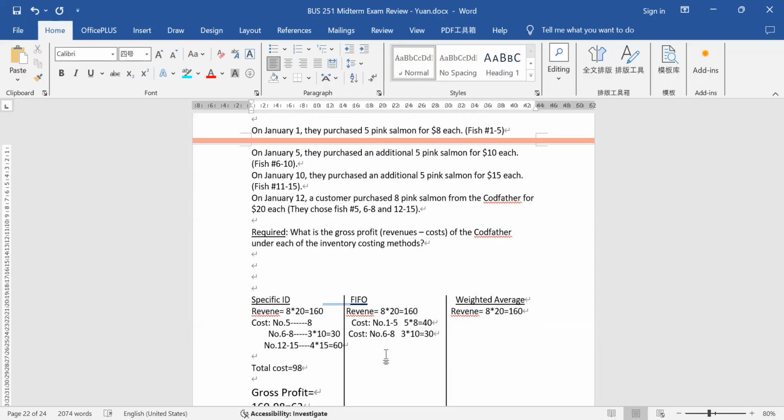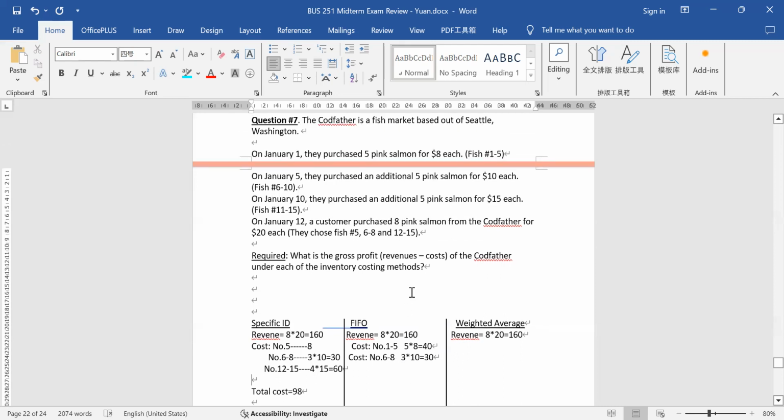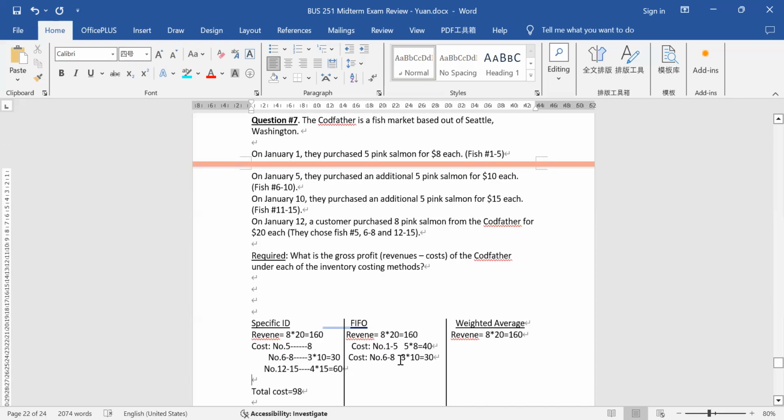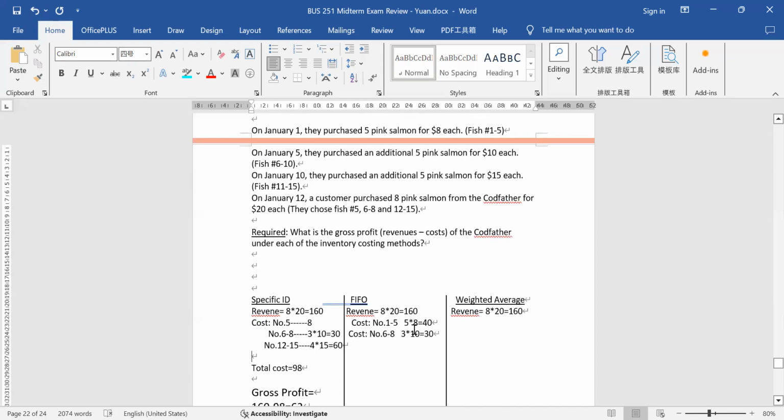Is that everything? Because first of all, you use all the 5 fish in this category, and then you use another 3, right? Okay, yeah, that's it. So total consumption is 8 fish.